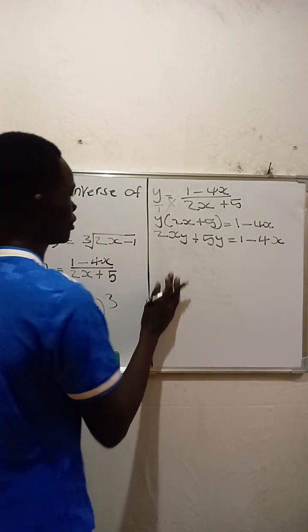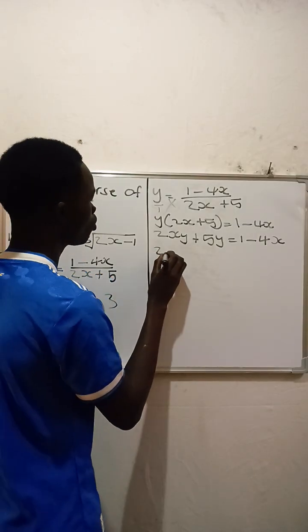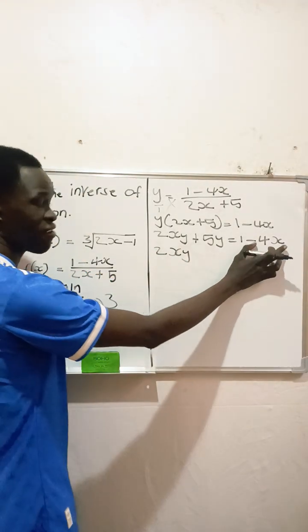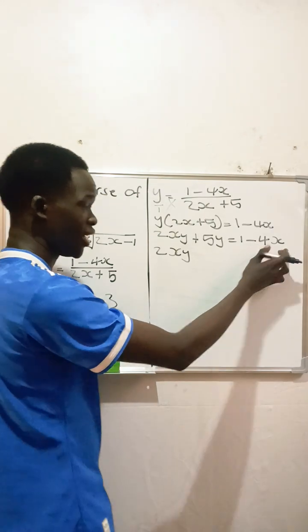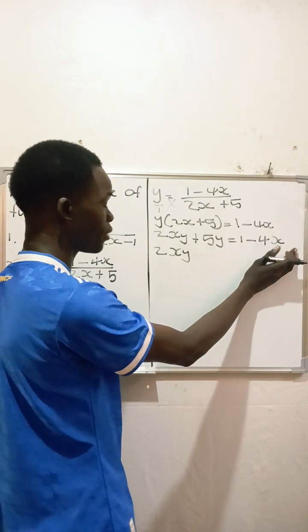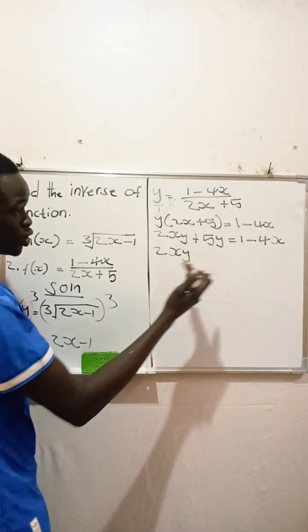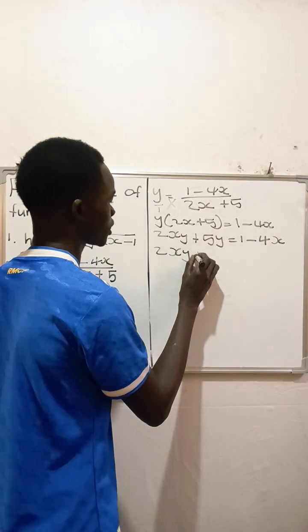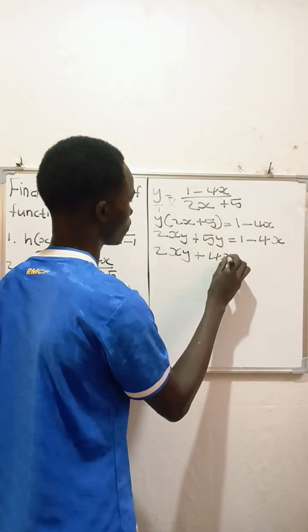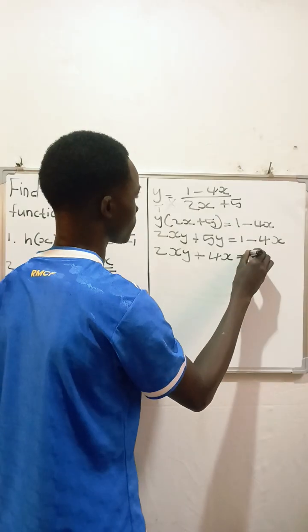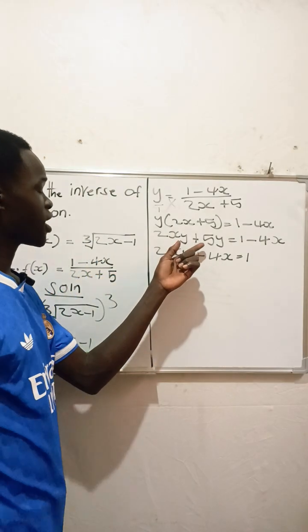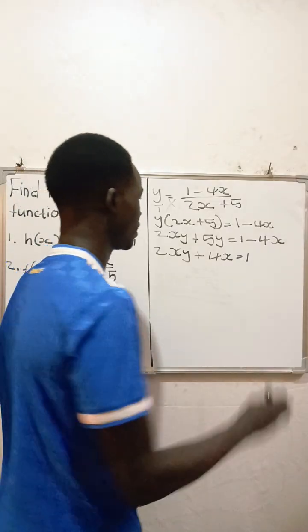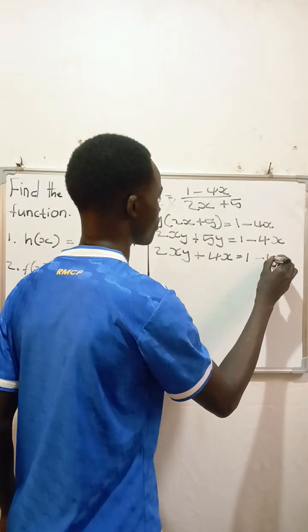Here we have 2xy. The minus 4x on the right hand side, when brought to the left hand side, becomes plus 4x, equal to 1. The 5y, when we take it to that side, becomes minus 5y.